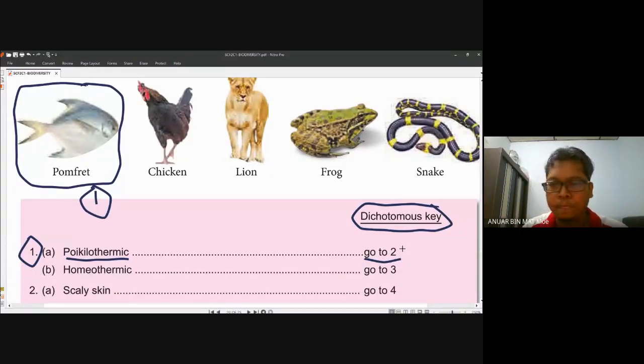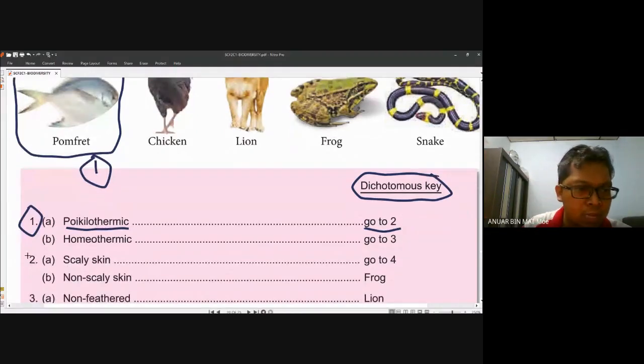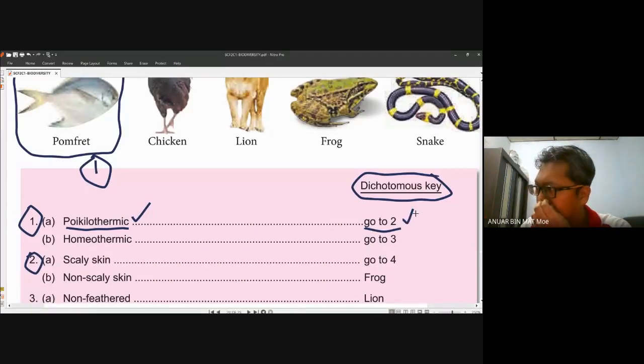Key number two gives you another option, whether it is scaly skin or non-scaly skin.